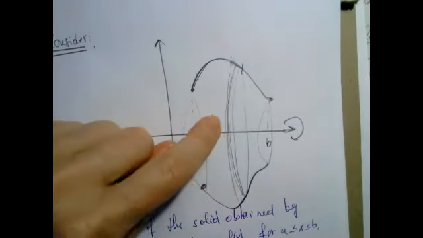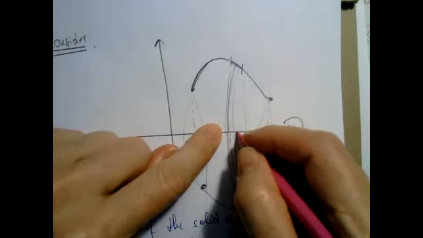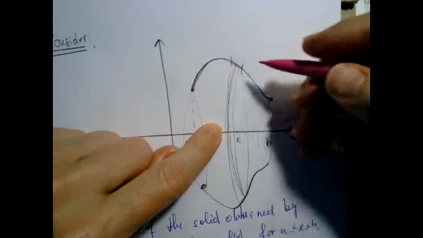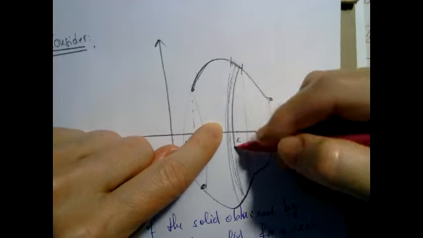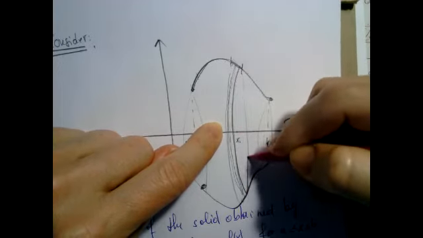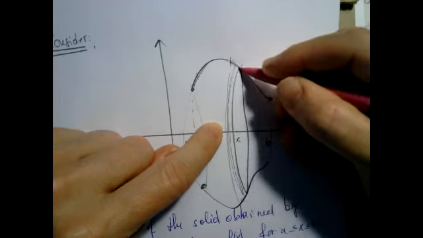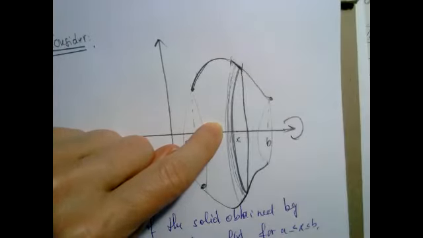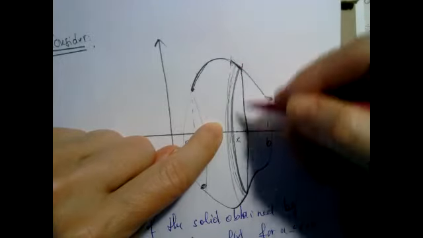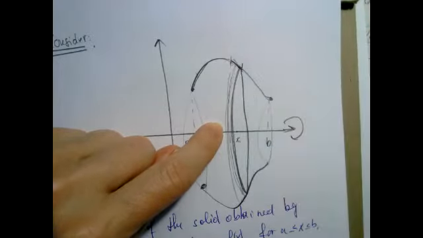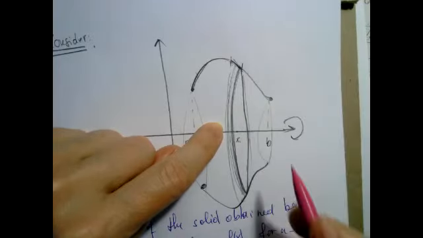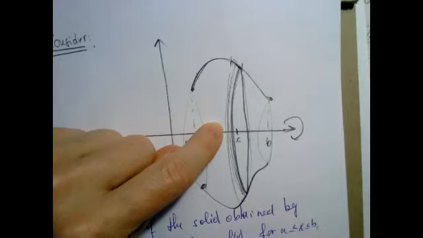Now, what's the surface area of this little piece? If I call this xi, the surface area is going to be almost equal to, if I open this, the circumference from here to here times the length of that. So it's the circumference times the length of this little piece. What's the circumference from here to here? I call this xi.